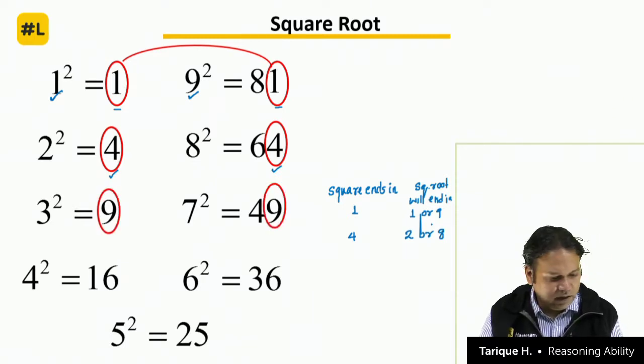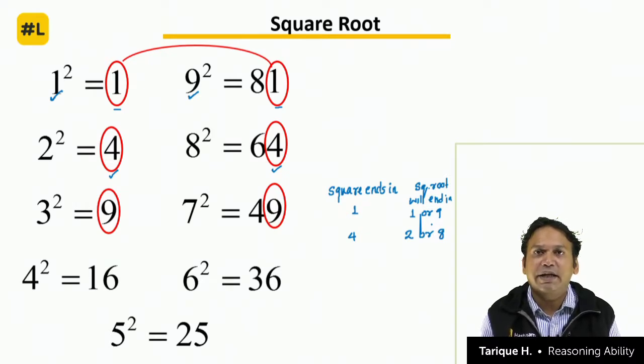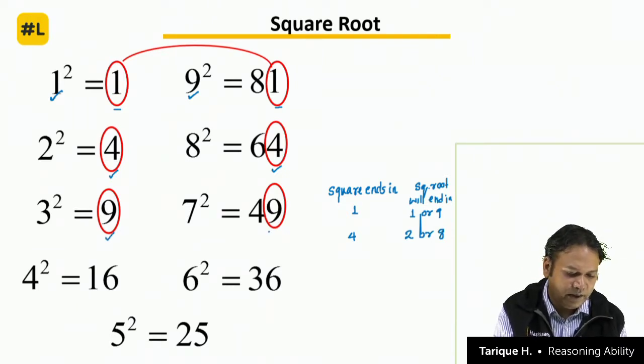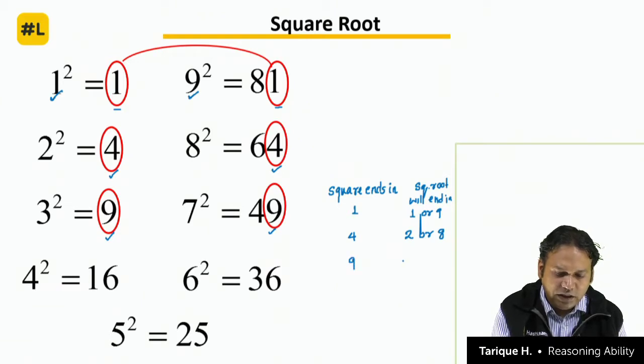If you look at the third pair, 3 and 7, 3 square ends in 9 and 7 square is 49, both ending in the same digit 9. So if the square ends in 9, the square root will end in 3 or 7, clear?